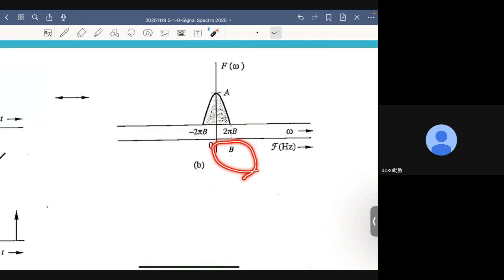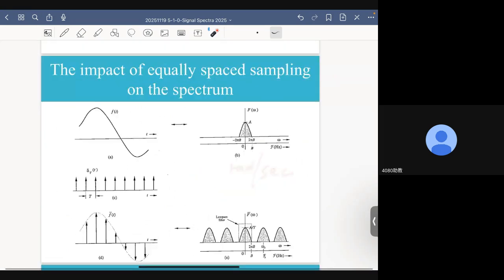There are no frequency components whose frequency is higher than B hertz. If you prefer to use omega rather than f, then this frequency can be represented as 2 pi B. The unit of omega is, of course, radian per second.